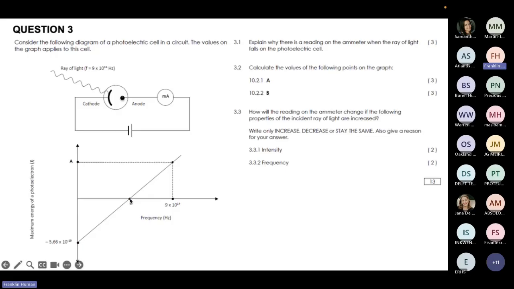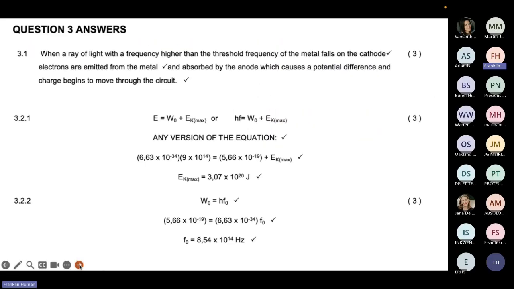B is not an energy value on the y-axis. B is a frequency value on your x-axis that you had to calculate. So if we look at our solution, this equation says that work function is equal to Planck's constant multiplied by threshold frequency.